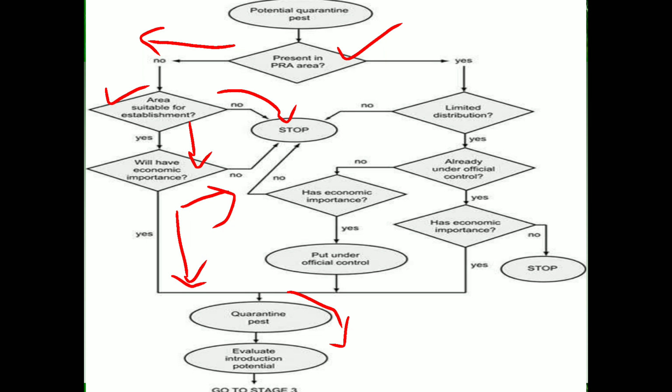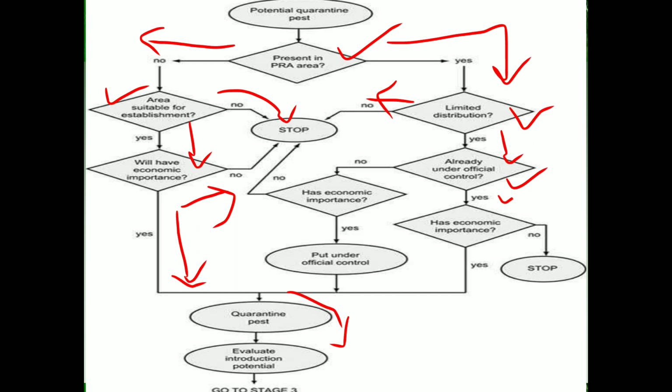On the other hand, if that quarantine pest is present in the PRA area, we assess whether there is limited distribution in that area. If there is limited distribution, we check whether the pest was under official control previously.